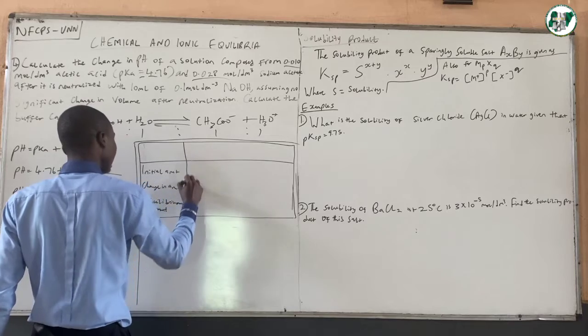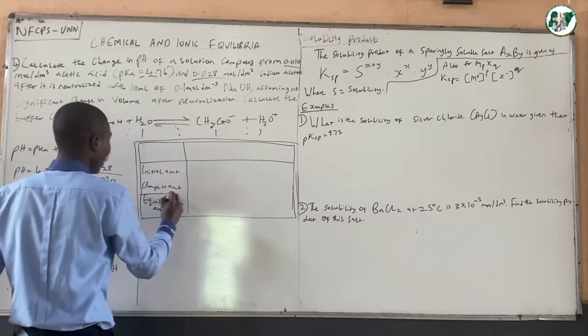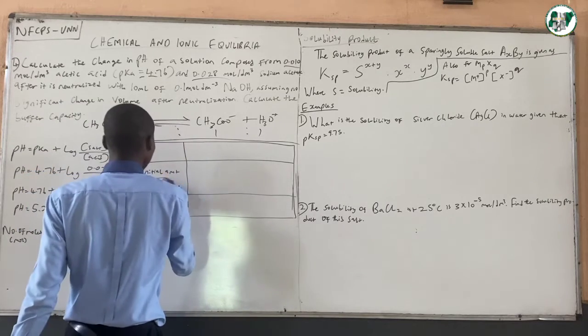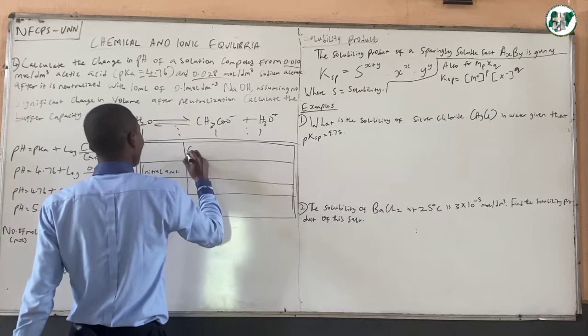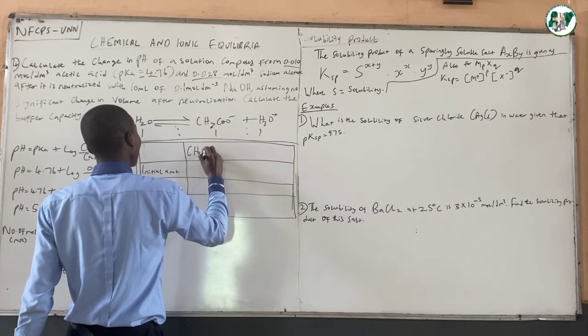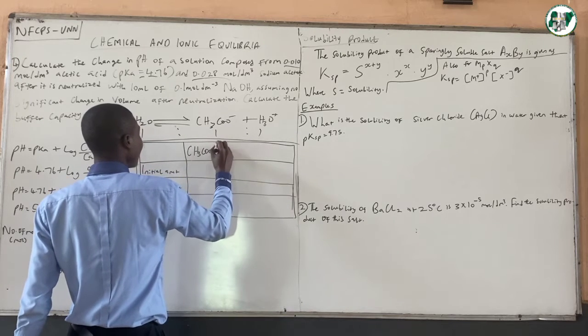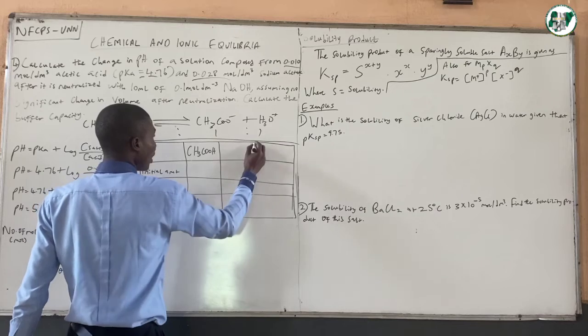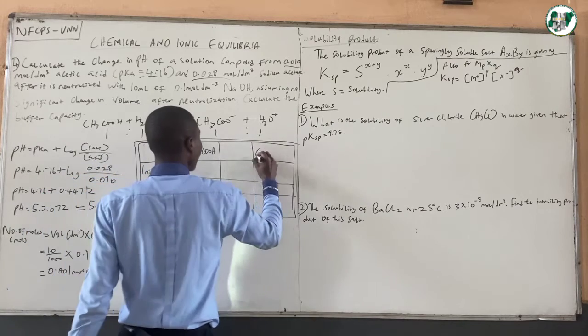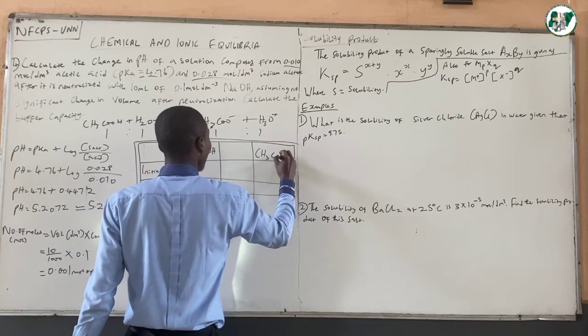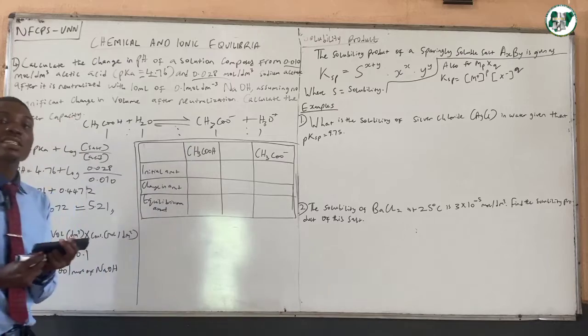And then we have the compounds we are working with: CH3COOH, and CH3COO minus, which is the conjugate base or salt.